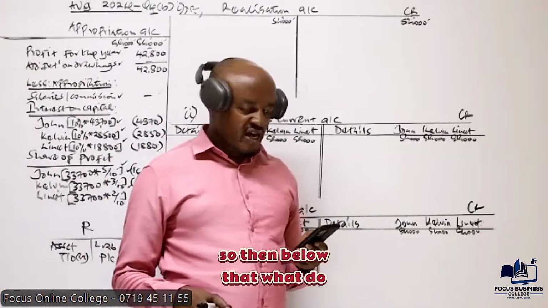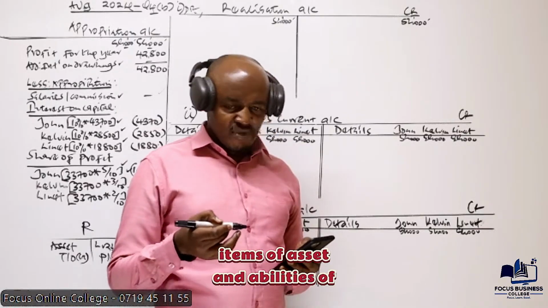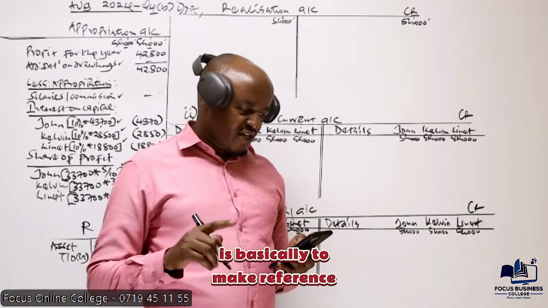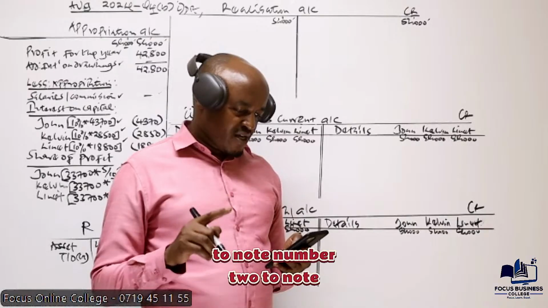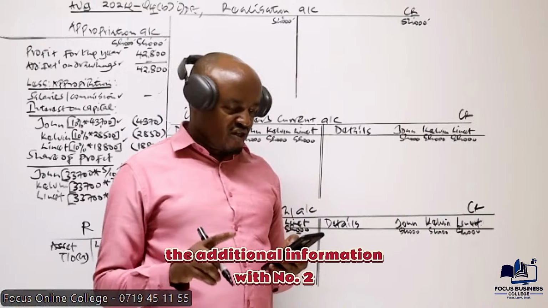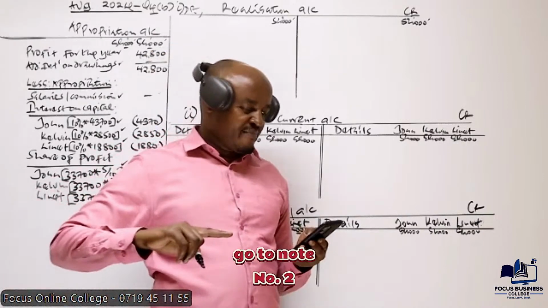So then below that, what do we have? We have inventory. What you're given here are items of assets and liabilities of the partnership. What we need to do is make reference to note number 2, note number 3, and note number 4, the additional information. Can we quickly go to note number 2?